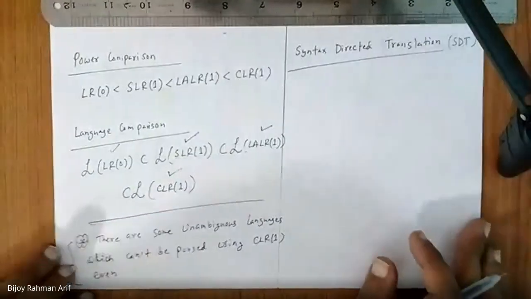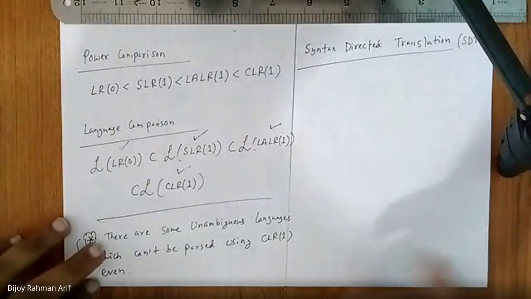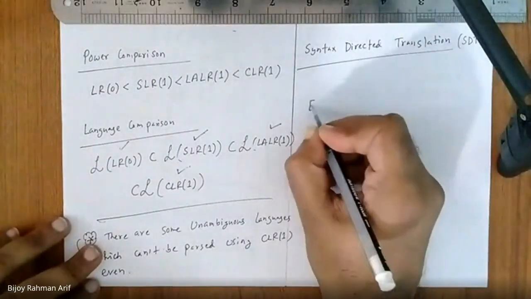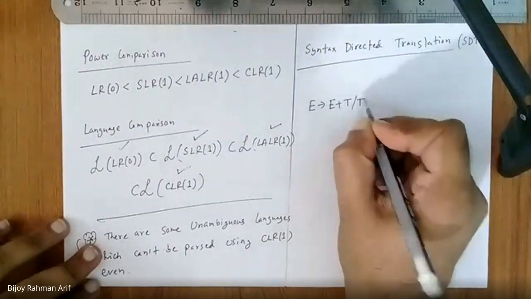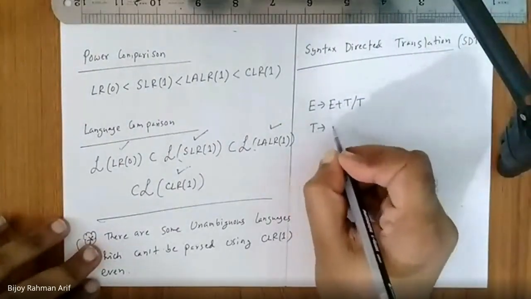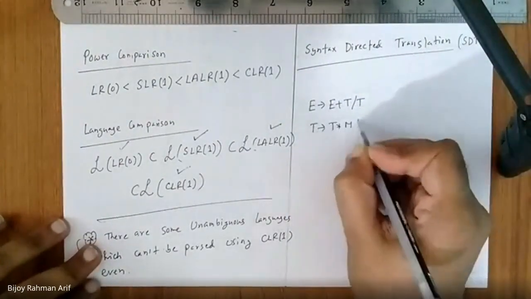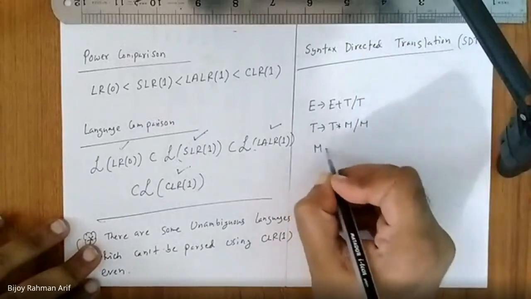Now, what is SDT? Let's take a grammar, our very favorite, very familiar grammar, the calculator grammar. E derives E plus T or T. T derives T star M or M. M derives number.